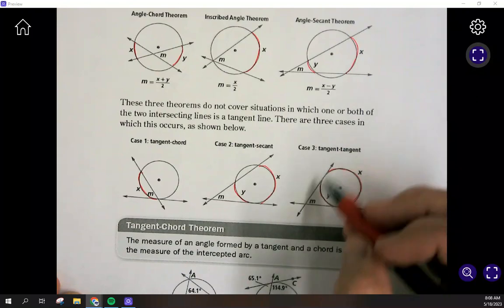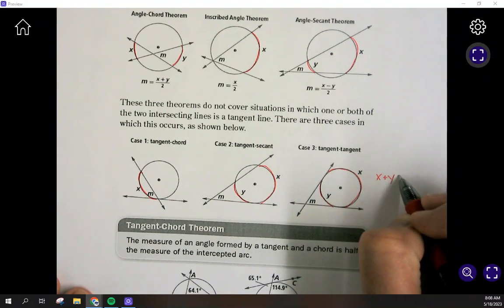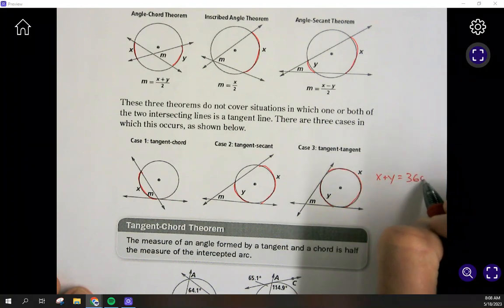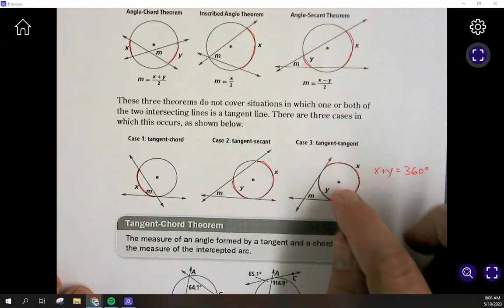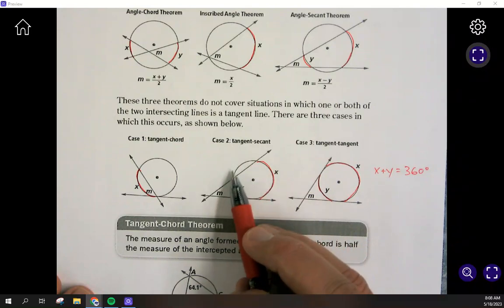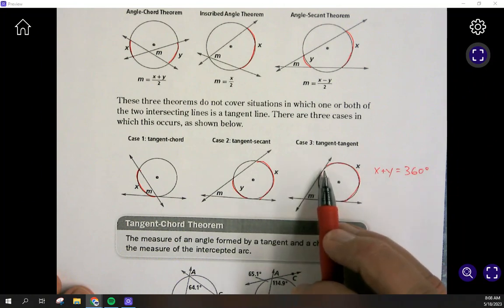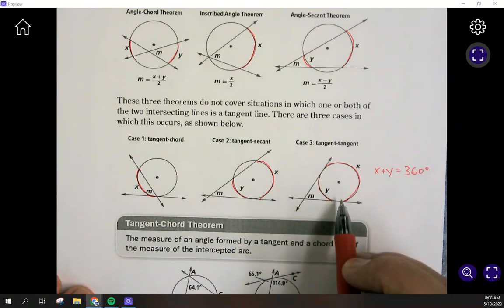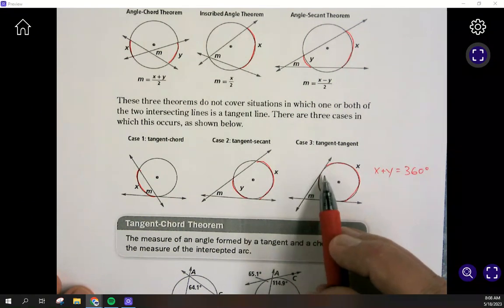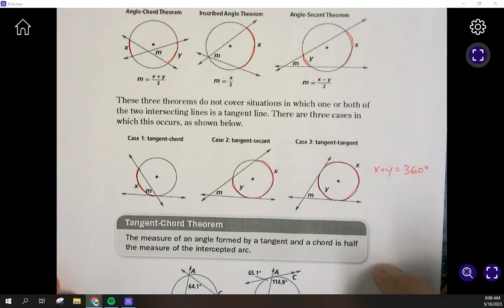Now, these two arcs in this case cover the entire circle, so they will equal 360 degrees when you add them together. You can see here they wouldn't add up to 360 because we do have part of the circle unaccounted for. But when we have a tangent to tangent case, you've got one part of the circle on one side and all of the rest of the circle on the other. So together, those two arcs will add up to 360.